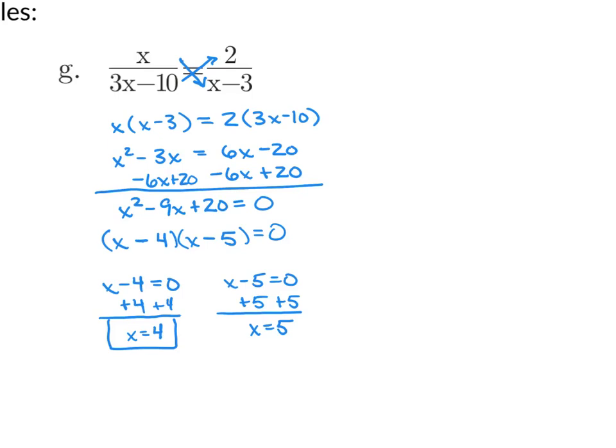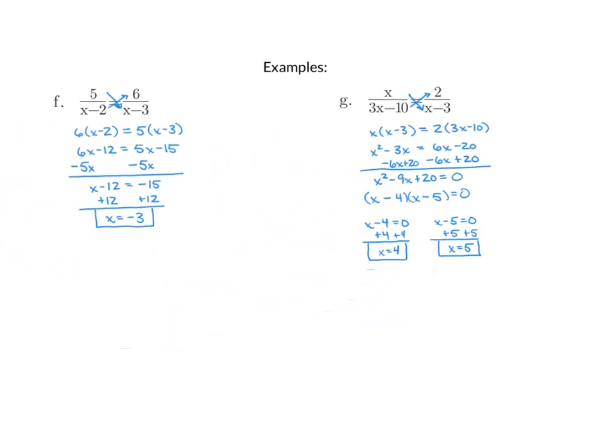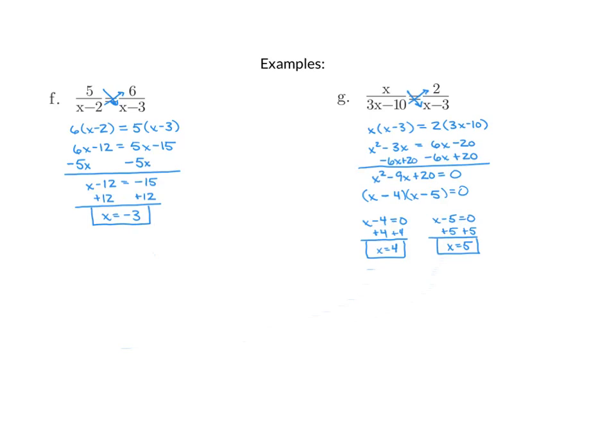If we plug in 5, 3 times 5 is 15, minus 10 is 5, not 0. 5 minus 3 is 2, not 0. And so we can go ahead and keep our second solution. That takes care of solving rational equations.